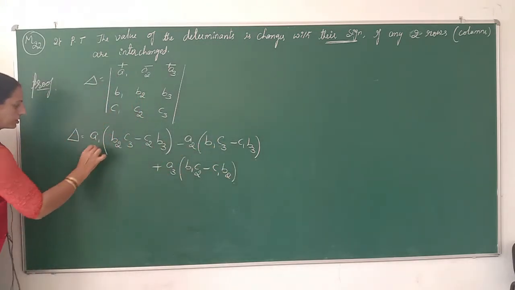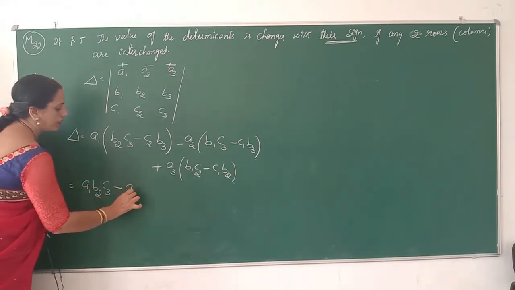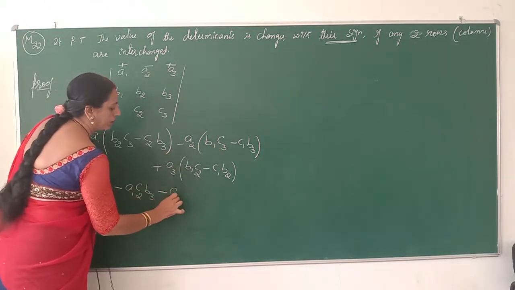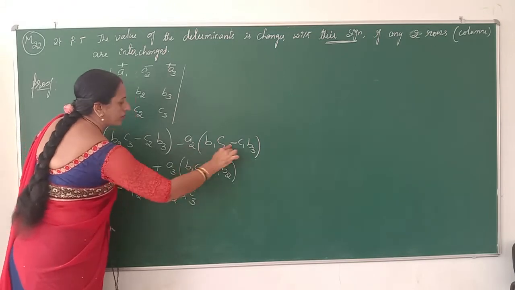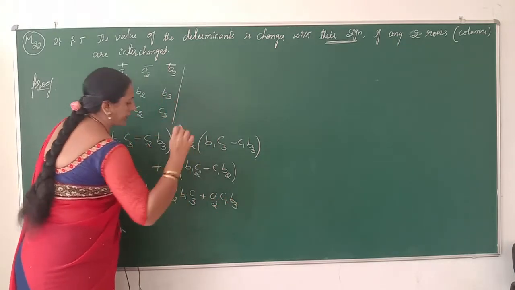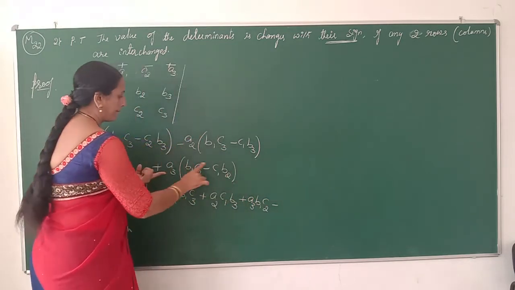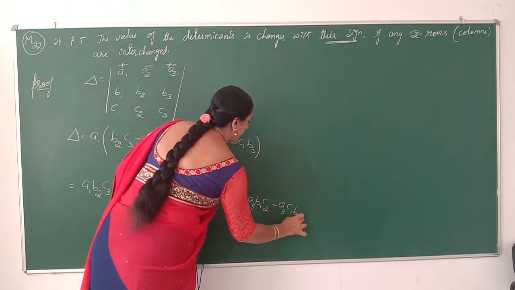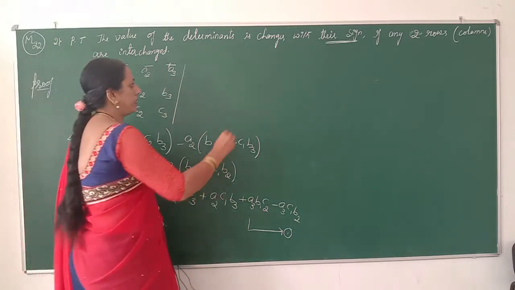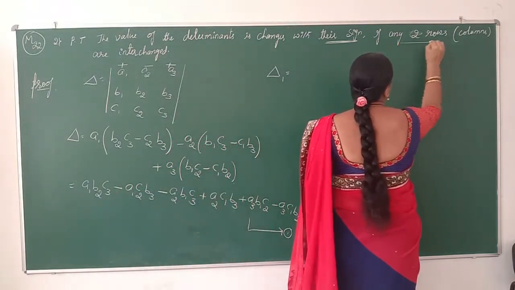After distributing, the first pairs are A1 B2 C3 minus A1 C2 B3 minus A2 B1 C3, minus into minus is plus A2 C1 B3, plus A3 B1 C2, minus A3 C1 B2, and let this be called equation 1. Similarly, now delta 1 is considered for interchanging any two rows or any two columns.